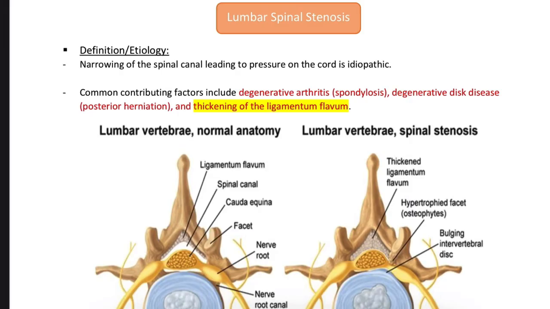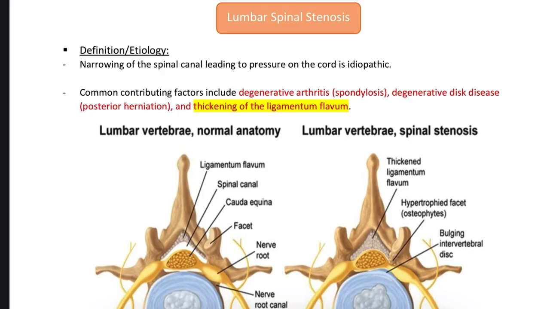The causes of canal narrowing include degenerative arthritis, spondylosis, posterior disc herniation, hypertrophy of the ligamentum flavum, where the thickened ligament pushes inward, or facet joint osteophytes and bony overgrowth, okay, and spondylolisthesis, vertebral slippage in advanced cases.